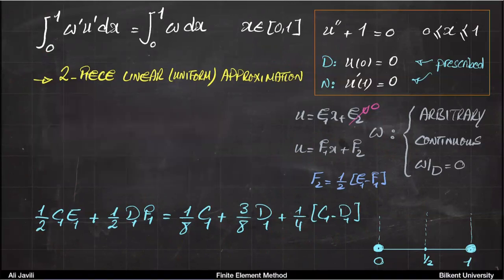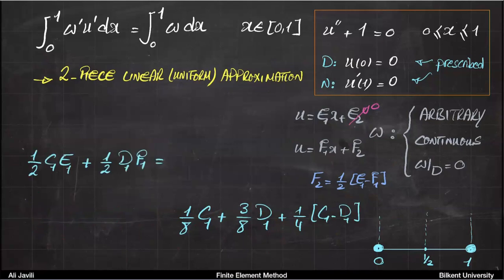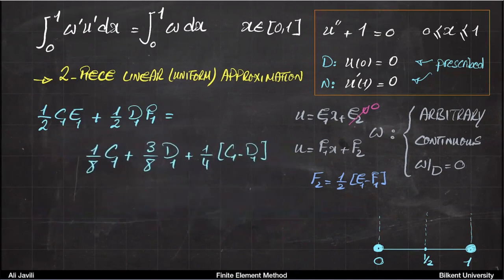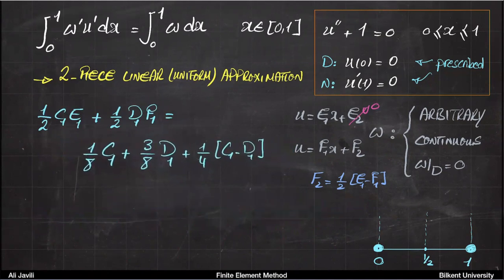All right, so let's say we have this equation. We know left-hand side must be equal the right-hand side. So this is our equation. And we need to solve this.